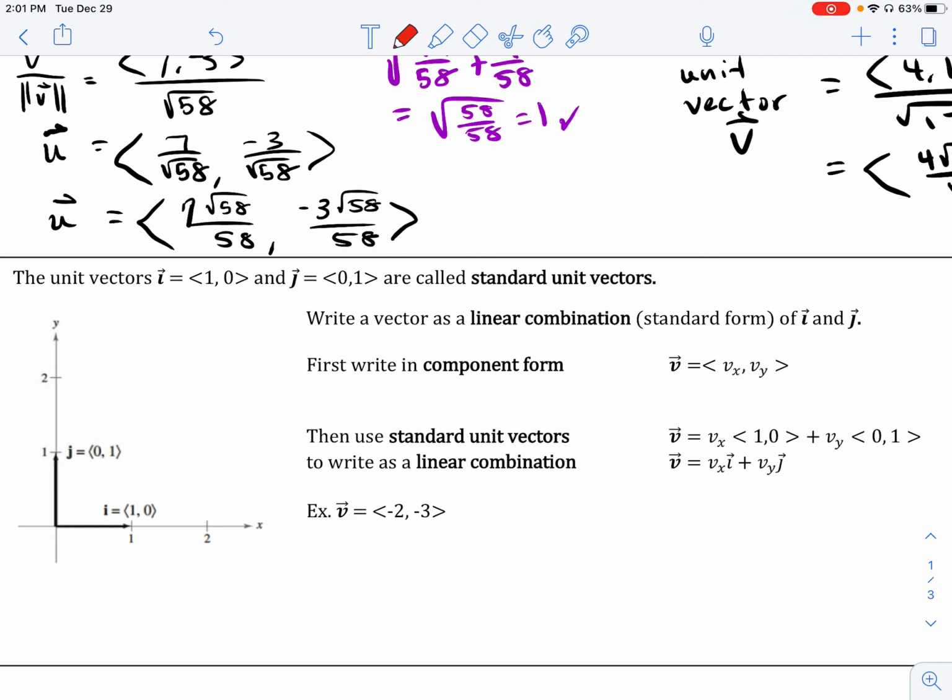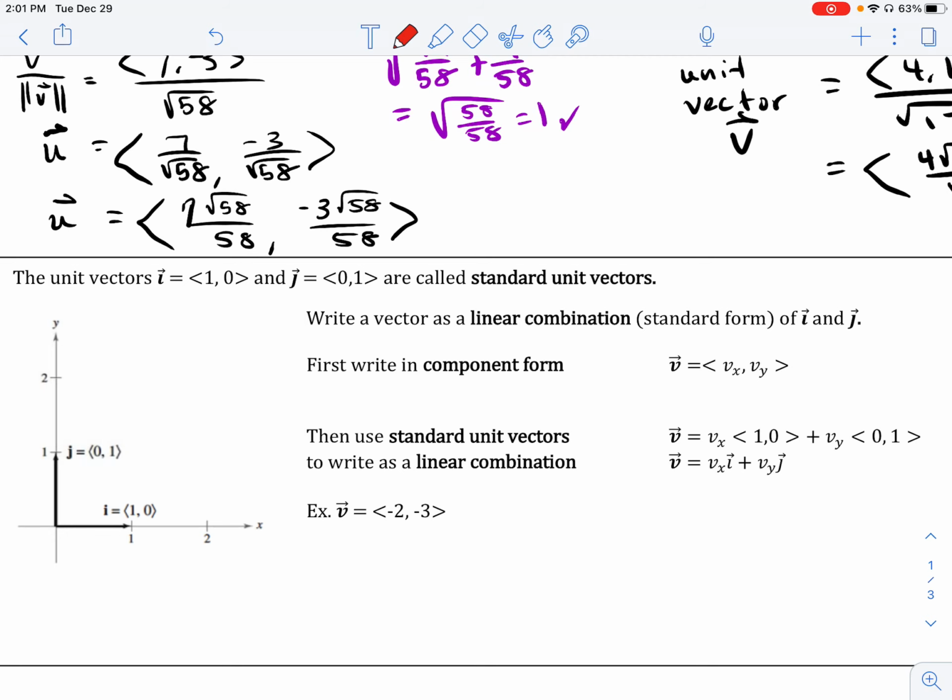Vector i goes along the x-axis, so it has a magnitude of 1 and a terminal point of (1, 0). Vector j is a unit vector that goes up vertically on the y-axis.